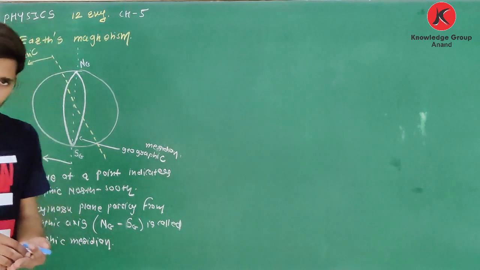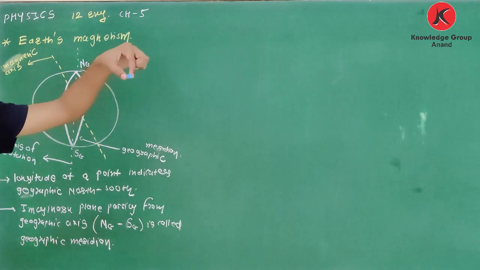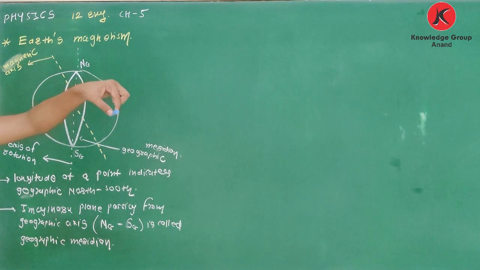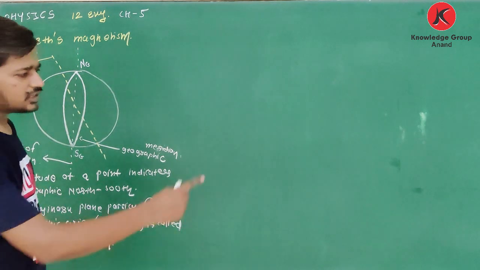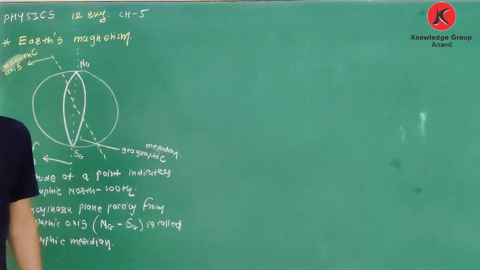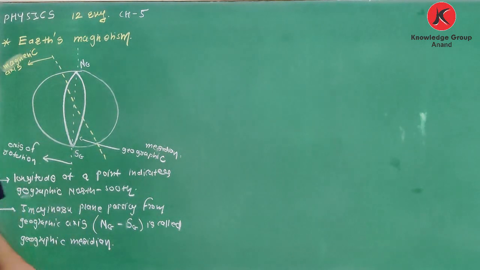Now we know that if we take a magnetic needle, suspended and free to rotate in a horizontal plane, it will align in the direction of the magnetic field. We discussed in the last lecture that a magnetic needle aligns in the direction of the magnetic field.